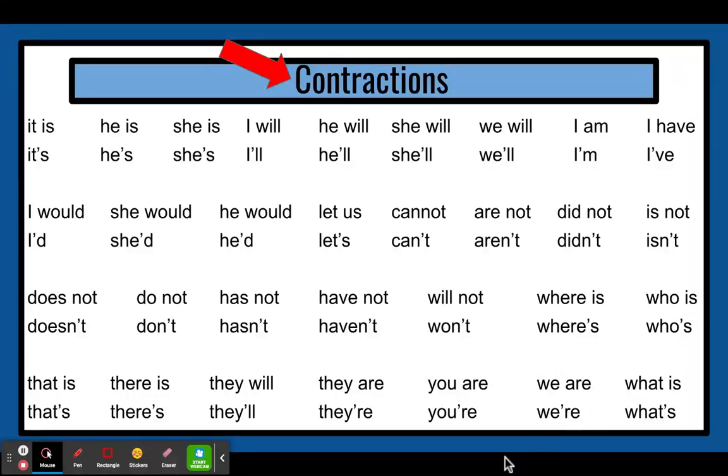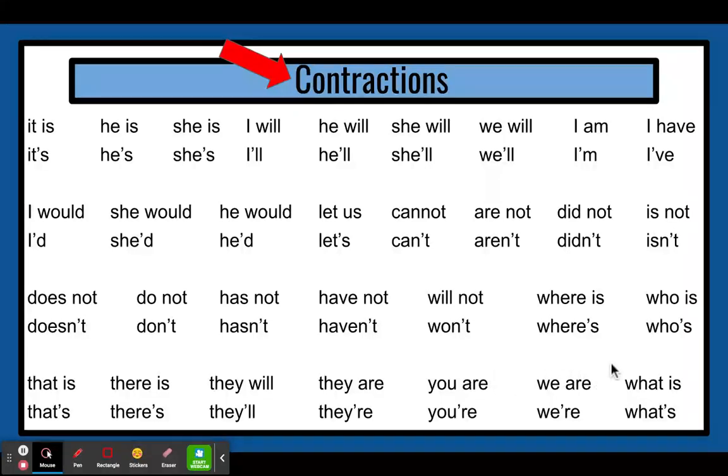Will not becomes won't. And this is an example of a contraction that changed the spelling a little bit. It didn't just drop this letter O. We changed this will. Instead of saying will not, we changed it to won't. So this O took the place of these three letters, and then this O got dropped over here. Same word, won't, means the same as will not.